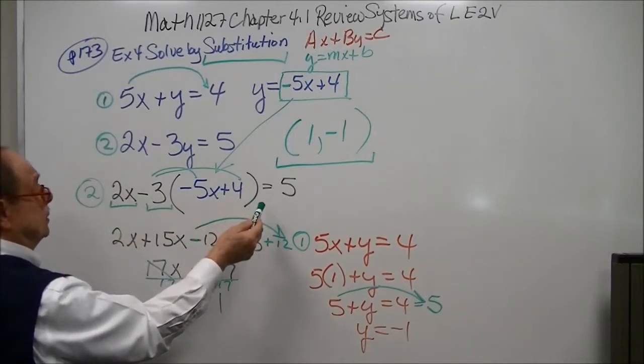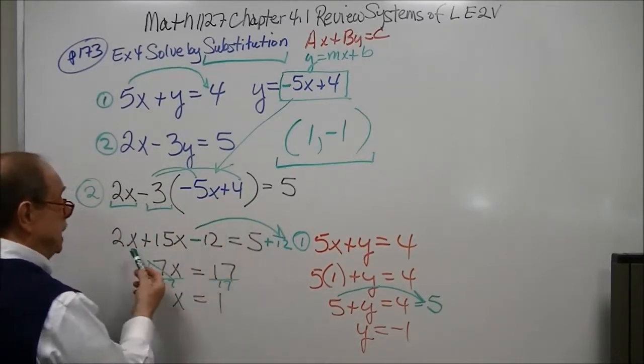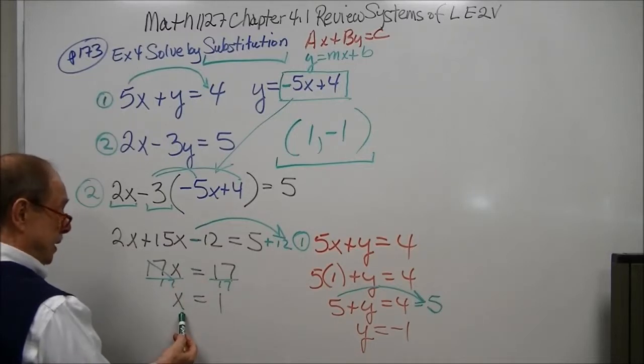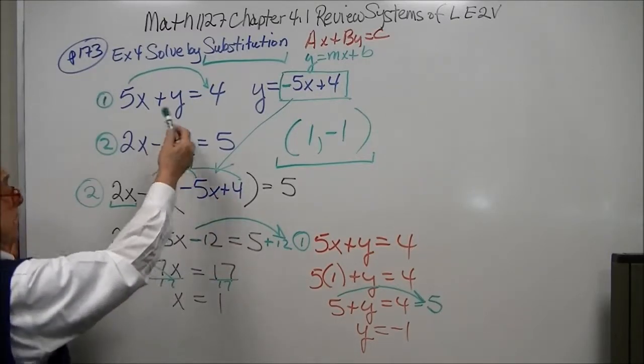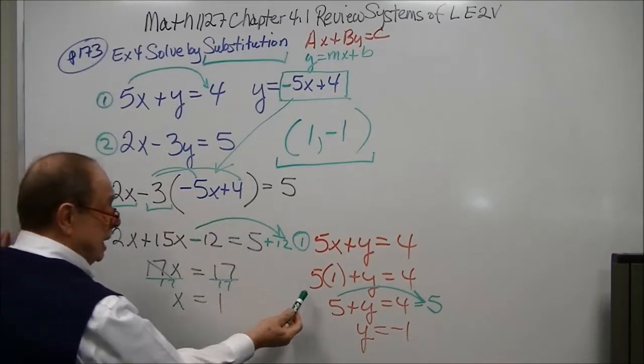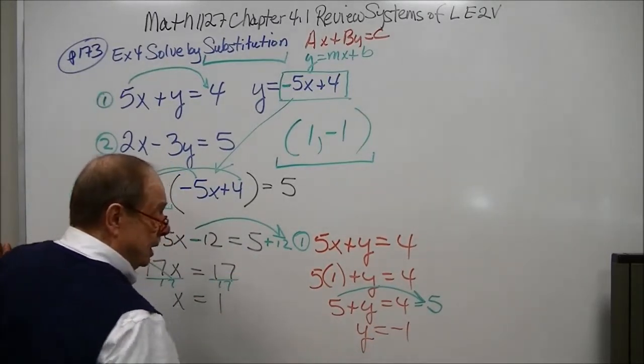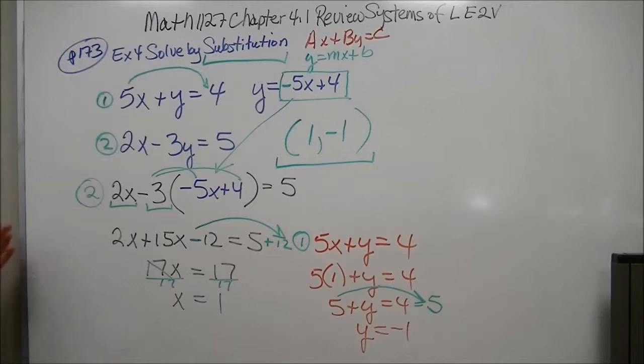You multiply through, collect like terms, solve for the variable, then take that variable, put it in either of the equations, and solve for your other letter. And then you should check it too. Okay, the process of substitution.